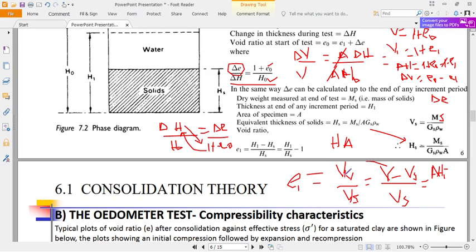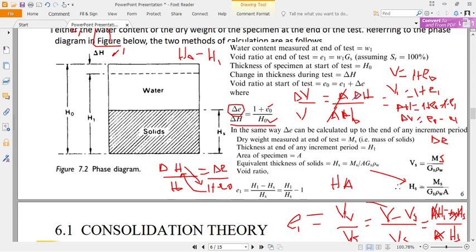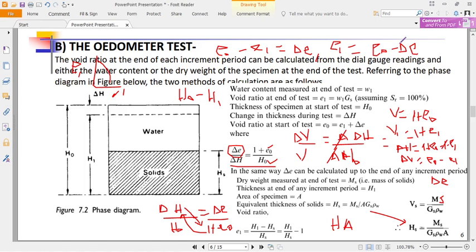Therefore, instead of using the other procedure of predicting E from this equation, if this is already known, you can determine it by each load increment after 24 hours. Then you can also decide to measure the heights of the sample, the remaining height.